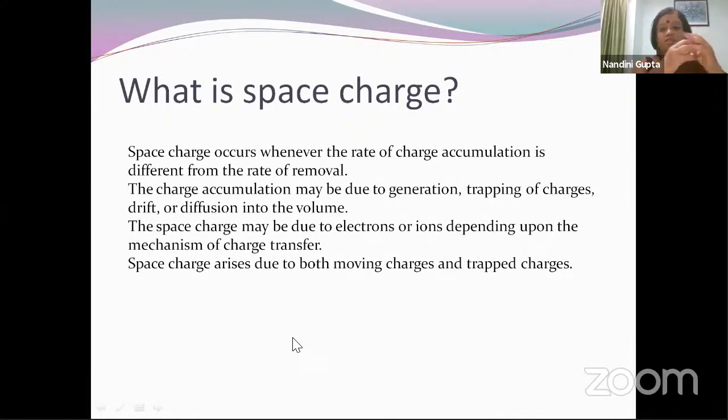Moving charges arrive at a particular location and decide to hang around there, decide not to go forth. Of course, there must be conditions which make them do that. These are mobile charges. And then there are trapped charges, which are actually not even free to move. They are trapped. What do I mean by trapped charges? Let me come to that point.